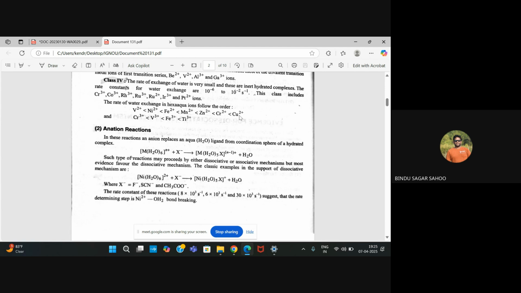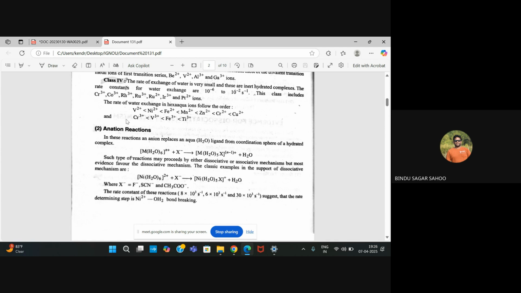In this order, if you go from right side to left side, the CFSE is 0, then there will be a little bit of CFSE. That means the stabilization increases in the complex and the rate will be slower. In the opposite direction, the CFSE goes towards the positive, and that's why the rate of water exchange will be more.